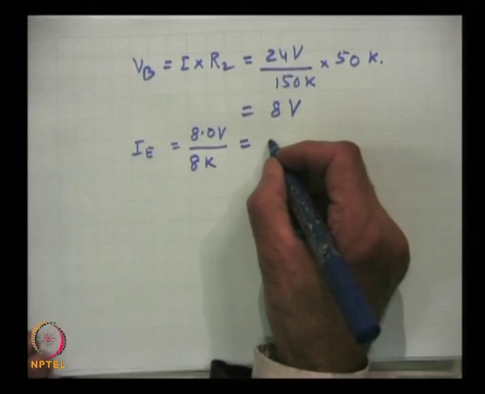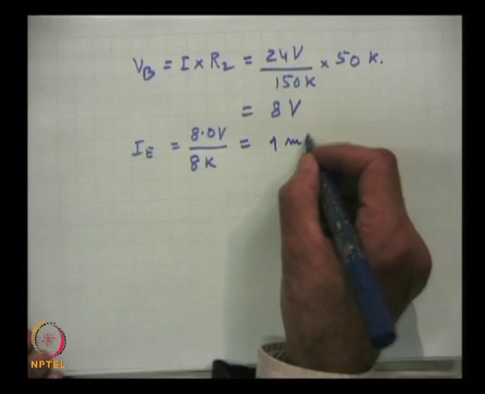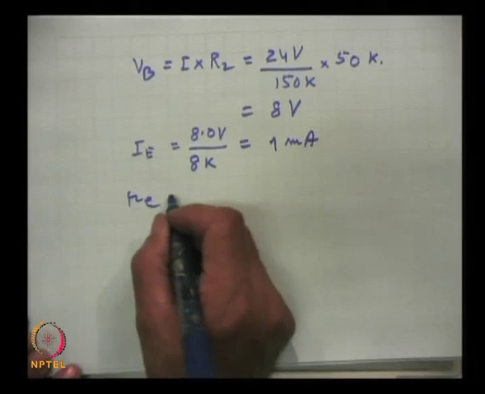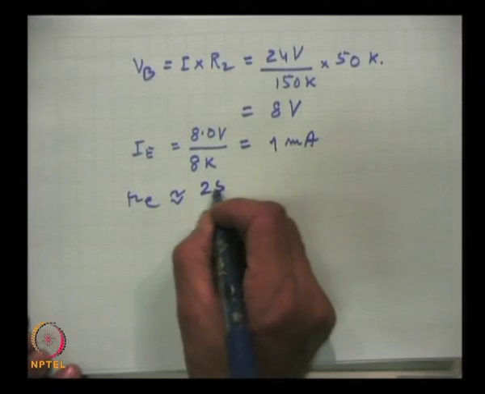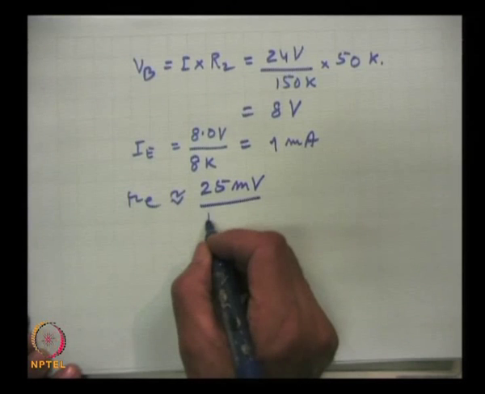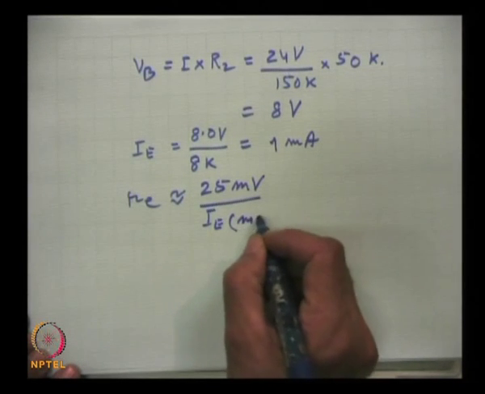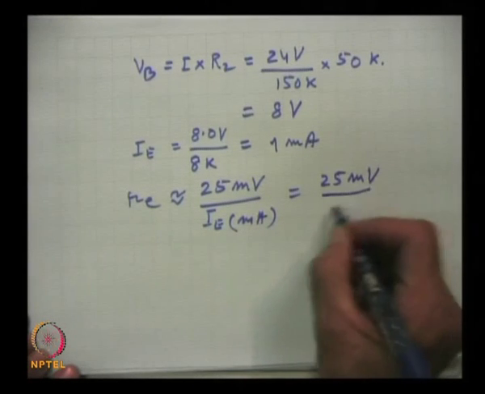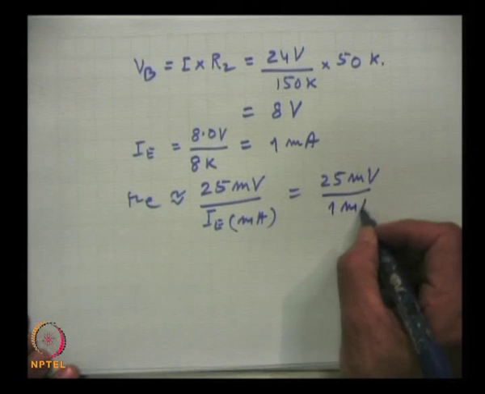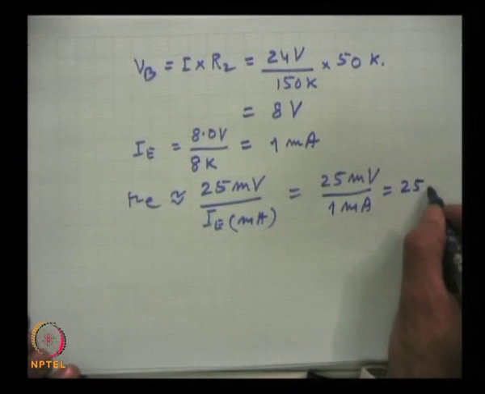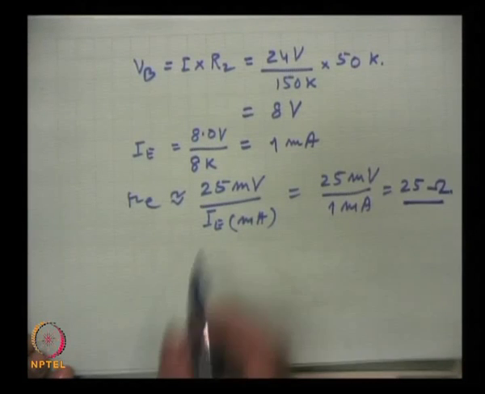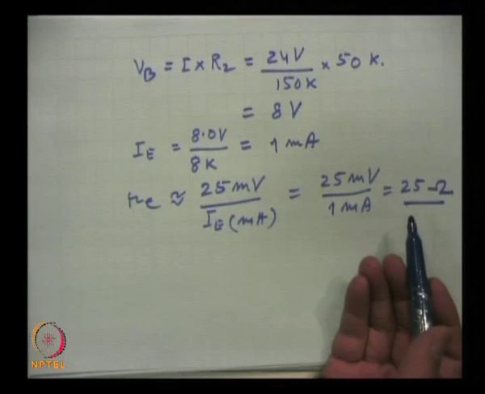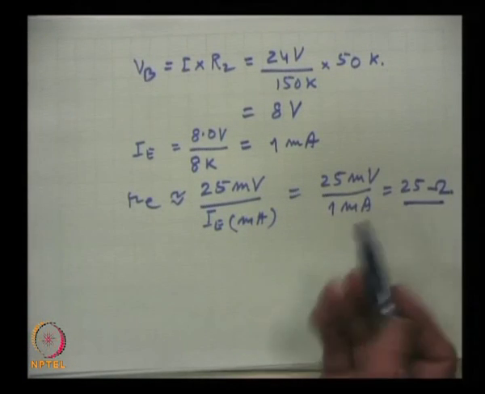So, the current will be in milliamperes, and that is 1 milliampere. Then R e prime is very close to 25 millivolts by I e in milliamperes, which is 1. So, 25 millivolts by 1 milliampere is 25 ohms, and if we take the exact expression then it will be 26 ohms.